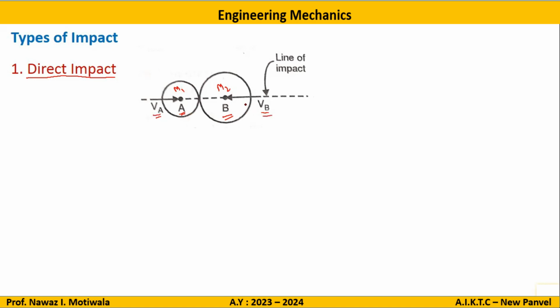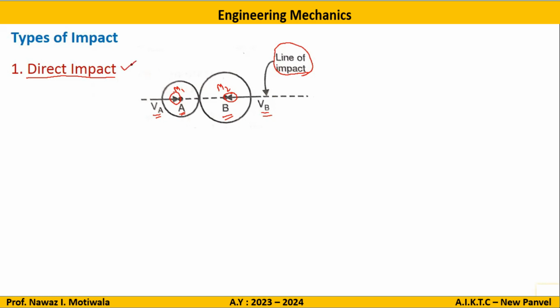If you observe the directions of Va and Vb, both velocities are along the line of impact, which is already marked in the figure. So if the velocities of the colliding bodies are along the line of impact, then that type of impact is known as direct impact.